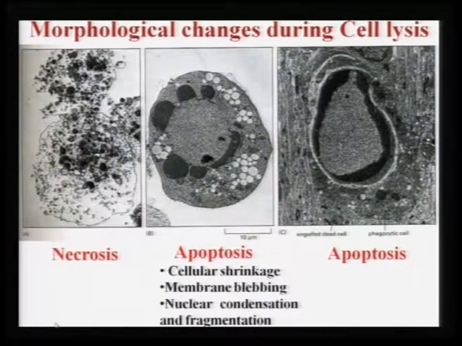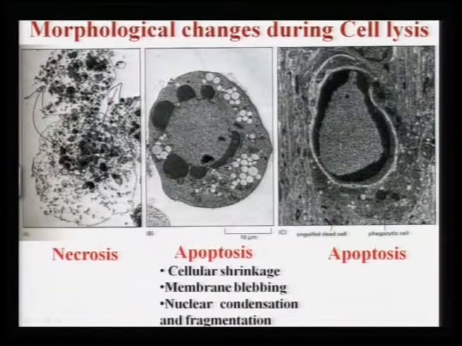Now, if you look at this slide, you would be able to realize the morphological changes that take place during the cell lysis process. The left one is necrosis. As you can see, cell membranes are ruptured at different places, and all the intracellular organelles are coming out of the cell.